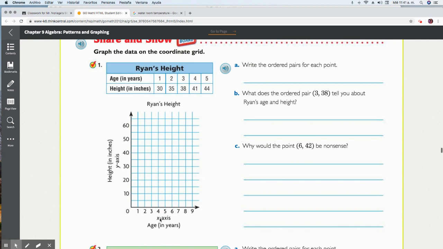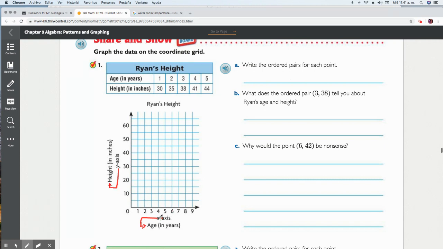Remember that the x-axis would be the first number in our ordered pair. So the x-axis is the age in years of Ryan, how old Ryan is, and the y-axis is the height in inches of Ryan.